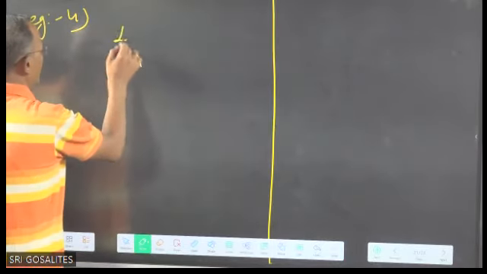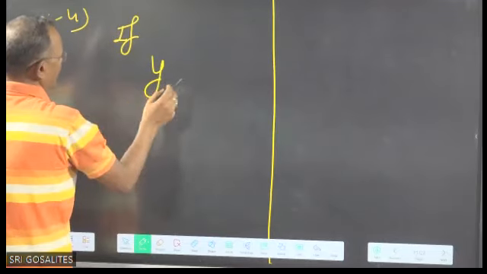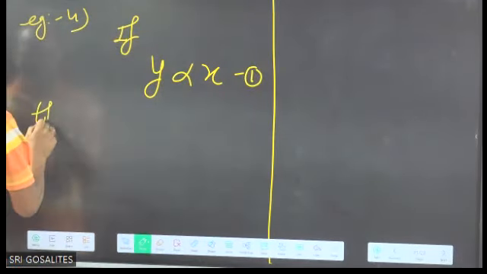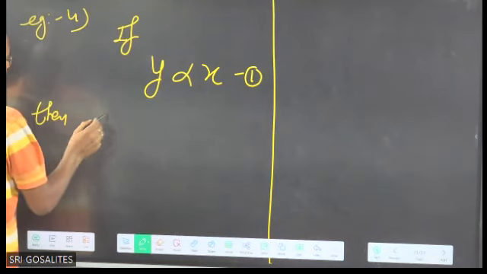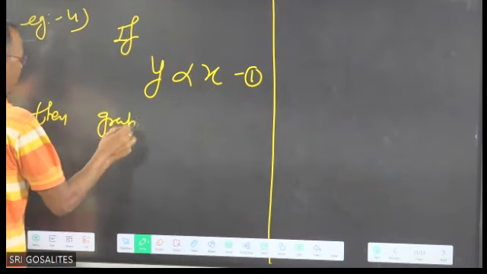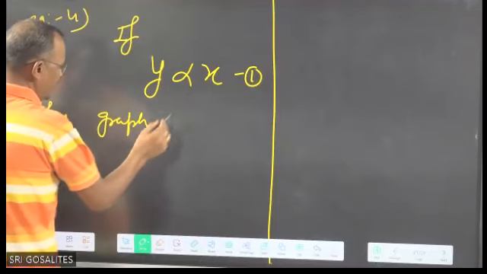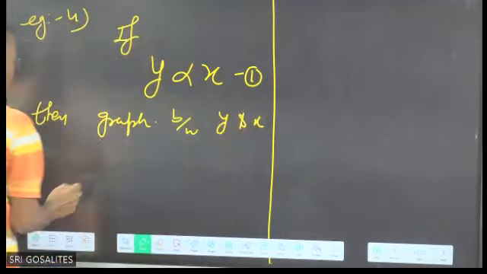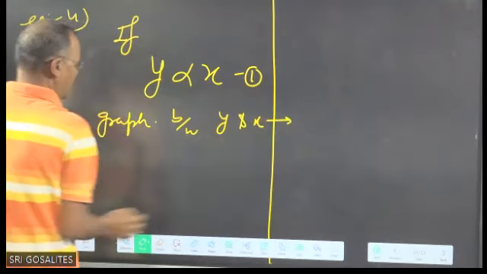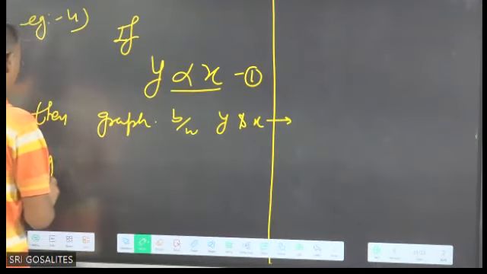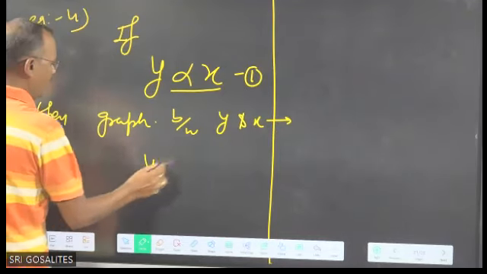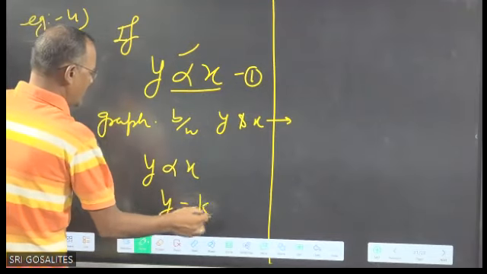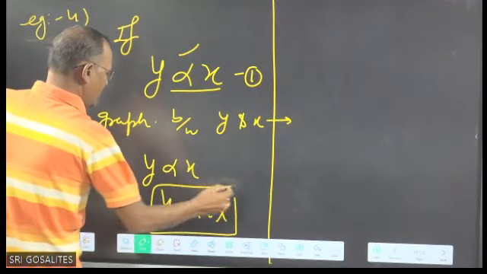Example 4. Suppose somebody says, if y is proportional to x, then what will the graph between y and x be? Is it a straight line or what? So simple. Whenever there is a proportionality and you remove the sign, what will you get? Some constant. Suppose that constant is k.